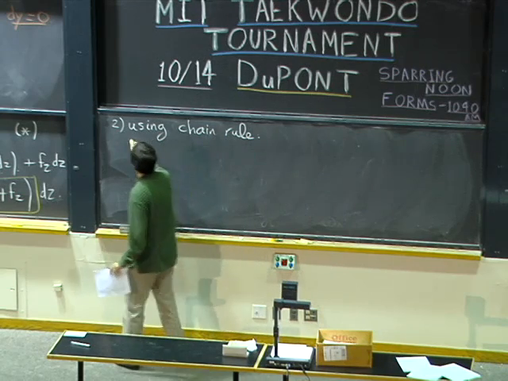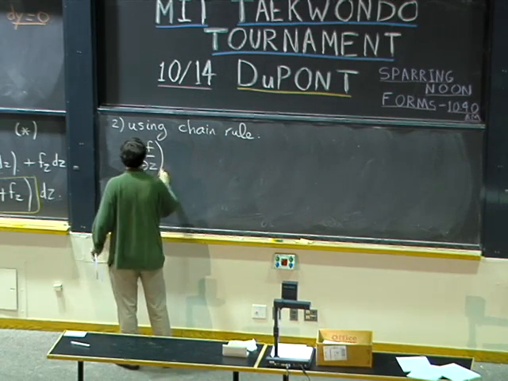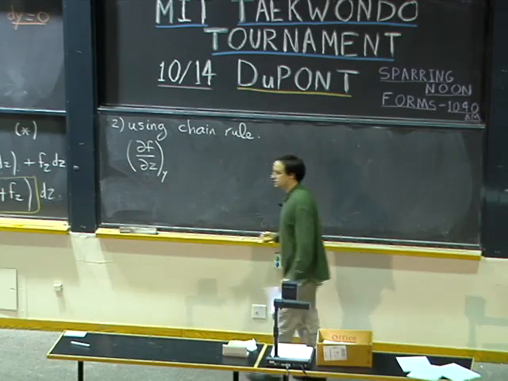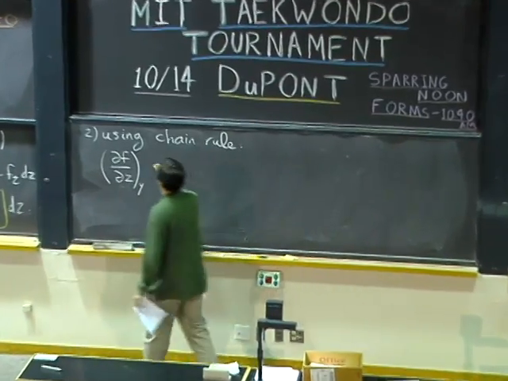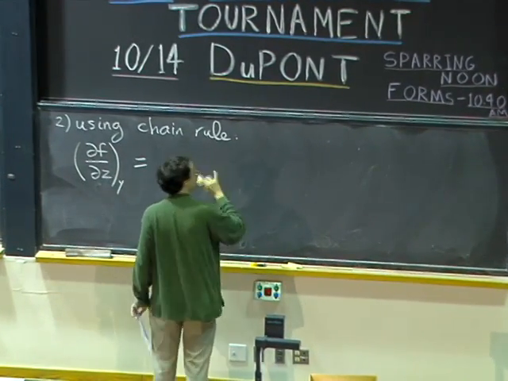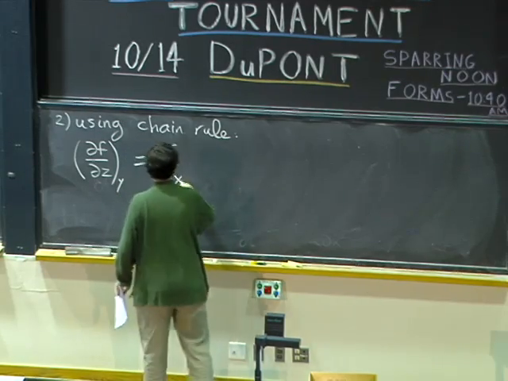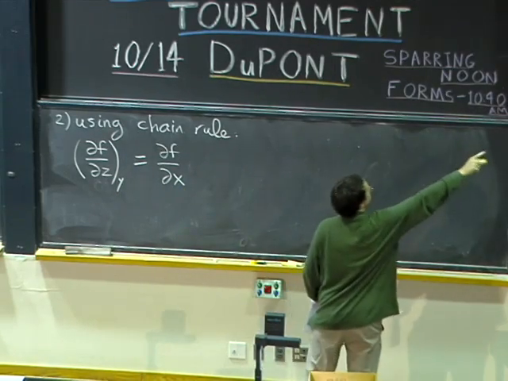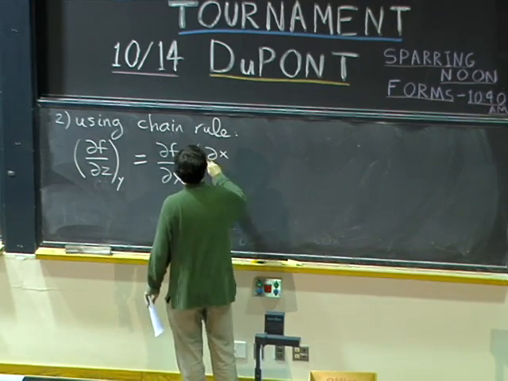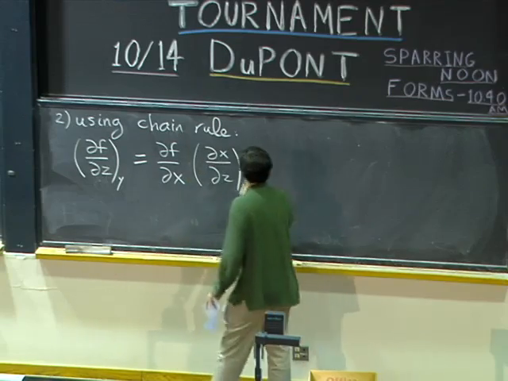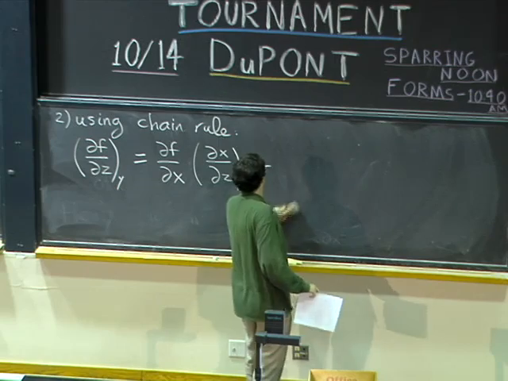Let's use the chain rule to understand how f depends on z when y is held constant. So let me first write the chain rule brutally, and then we'll try to analyze what's going on. You can just use the version that I have up there as a template to see what's going on. But I'm going to explain it more carefully again.